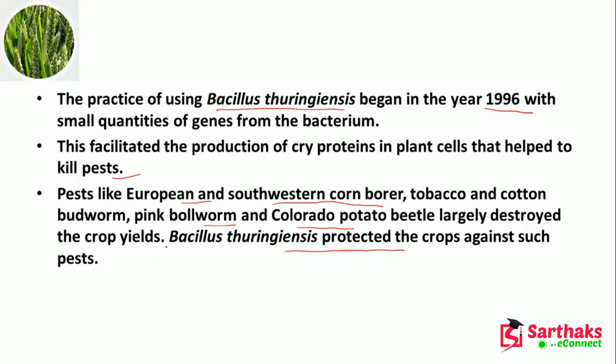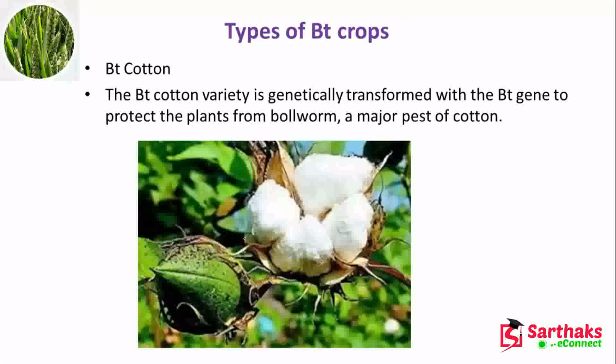So at that time, the scientists discovered that Bacillus thuringiensis can protect the crops against the pest, because it has the cry protein. It will secrete the cry protein whenever the insects come. So in this way, BT crops came, and BT crops are what we prefer now. In India also, we are cultivating a huge number of BT crops.